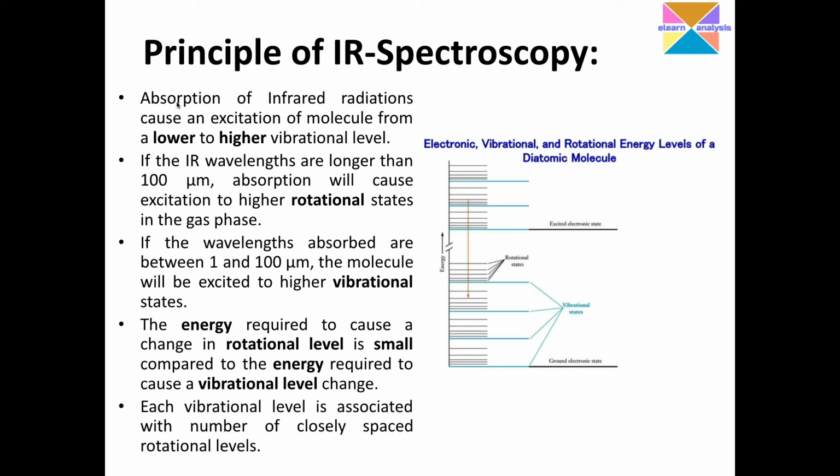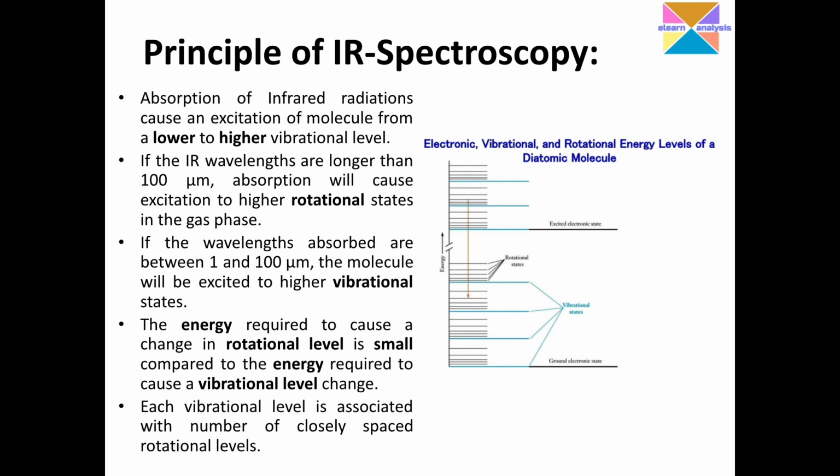So absorption of infrared radiation can only afford vibrational energy changes, and this changes the state of the molecule from one vibrational energy level to another, and that happens only after the absorption of infrared radiation.